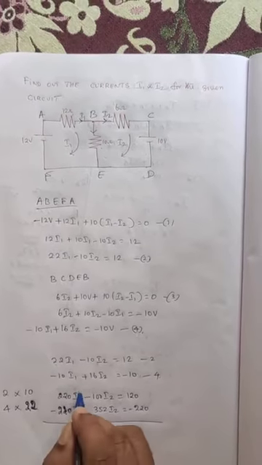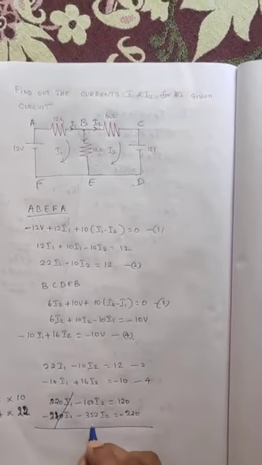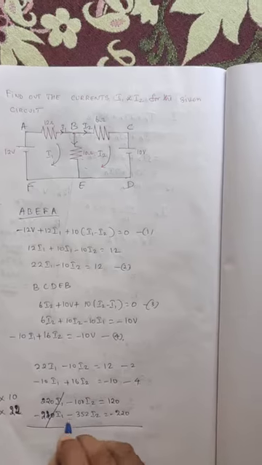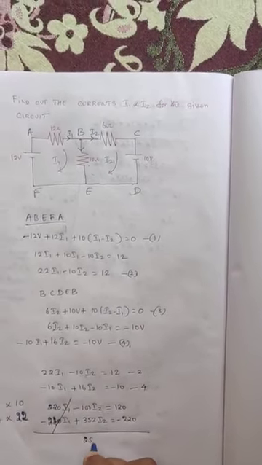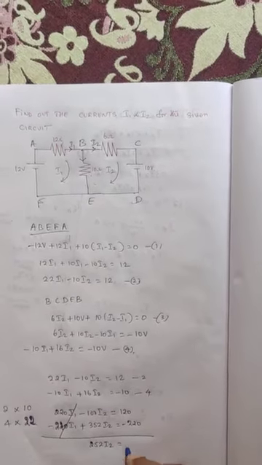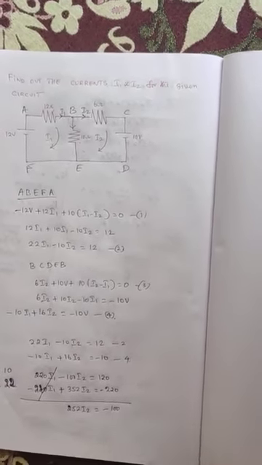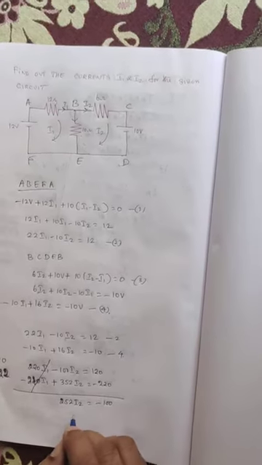Now we can cancel 220 I1, and this will become plus 352. So totally 252 I2 is equal to minus 100.